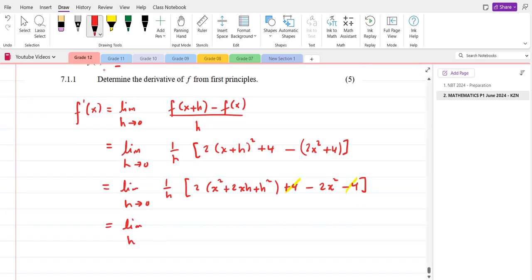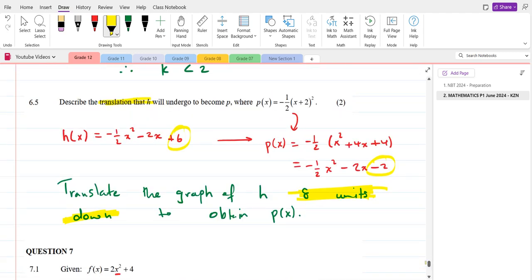Limit as h approaches 0 of 1 over h into 2x squared plus 4xh plus 2h squared minus 2x squared. Now we can see the 2x squared and the 2x squared cancels out. So remember, in polynomial functions only, all of this will cancel out when you're doing first principles.